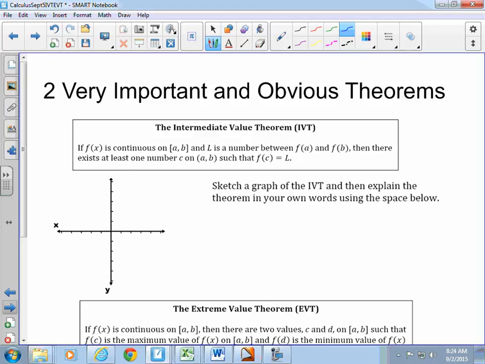We will use these theorems a lot more as we go. I'll show you a couple problems today, but they get more important in calculus later. They are abbreviated IVT and EVT.